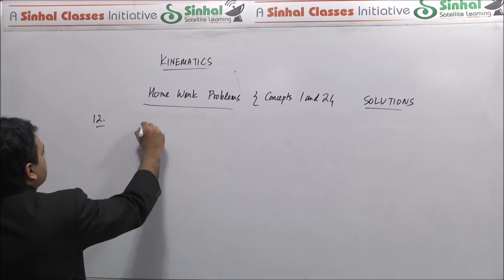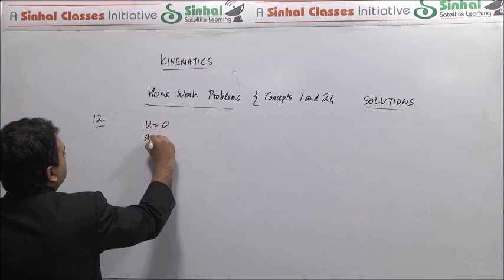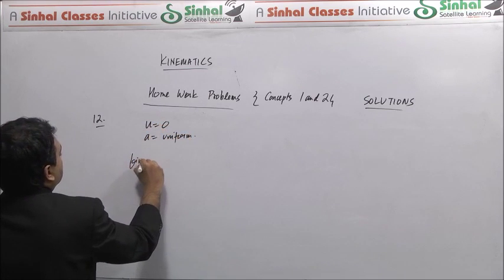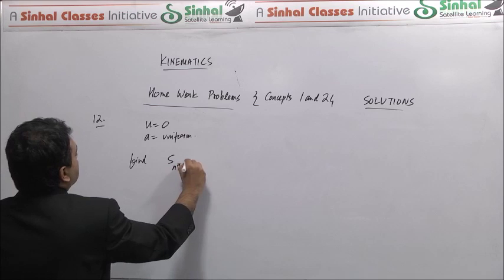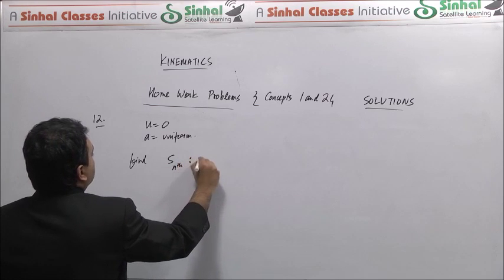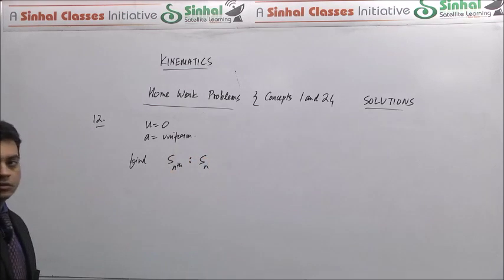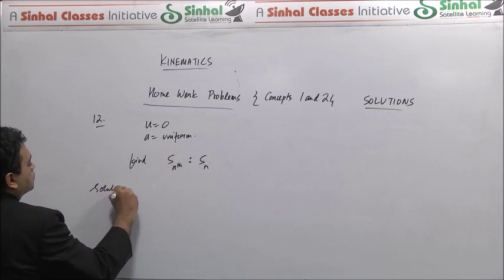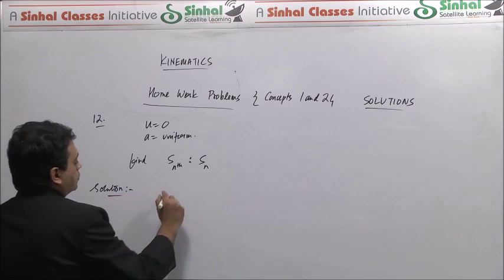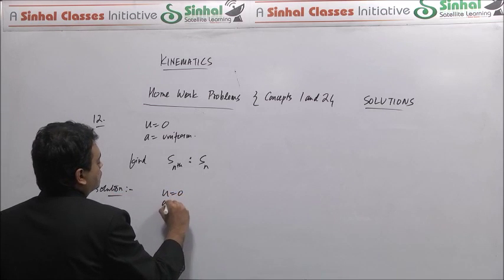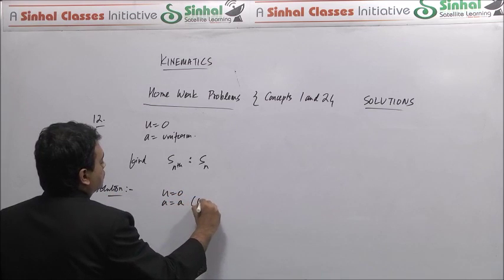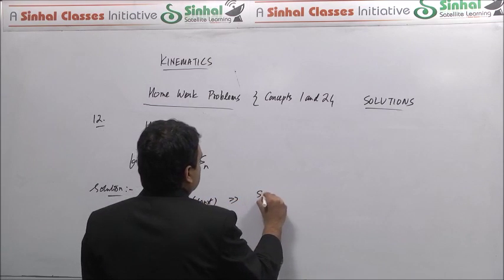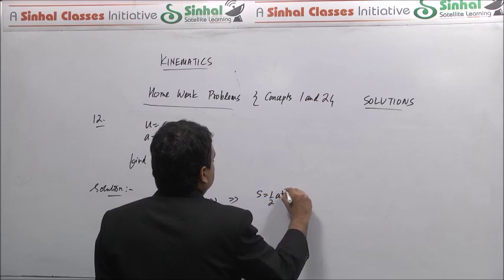The 12th question says that a body starting from rest with a uniform acceleration. Okay. So you have to find the ratio of the distance traveled in the nth second to the distance traveled in n seconds. So let's look at this. Alright.